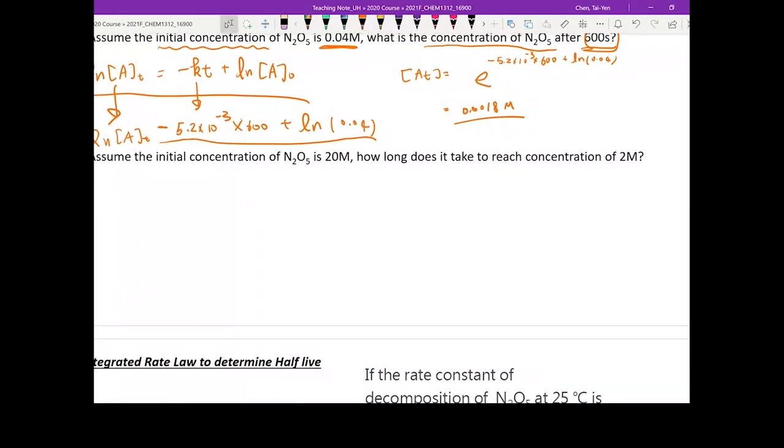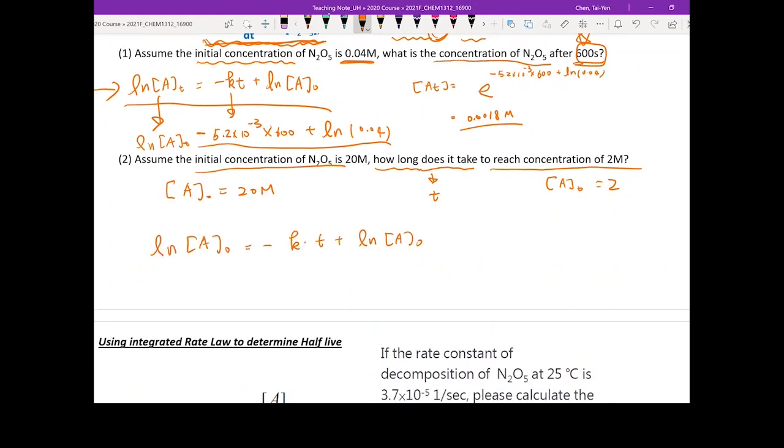So once you have those concepts, solving the second one becomes very easy. Assuming the initial concentration is 20 M, that means your A naught right now is 20 M. How long does it take? It tells you that you need to calculate your t. When you reach the concentration of 2 M, that means your A at that time t is going to equal 2. Again, use the same equation. Natural log A_t equals minus k times t plus natural log A naught.